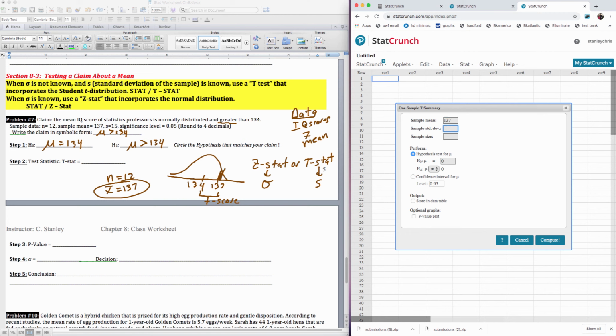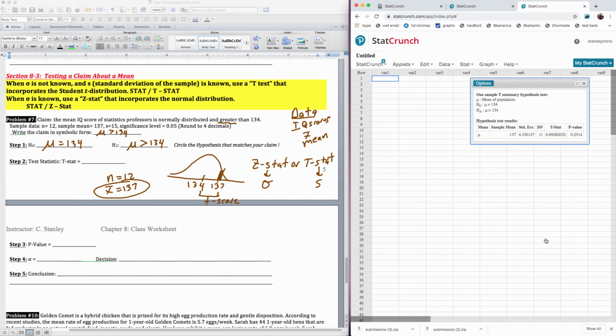Sample standard deviation is 15. Sample size 12. We need to change this to 134. And this is a right tail test, so it's a greater than. And compute. So we ended up with a t-stat of 0.69. Right here, there's your t-stat.